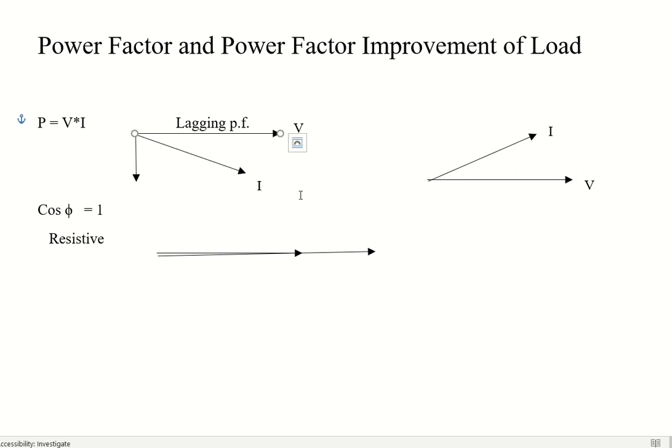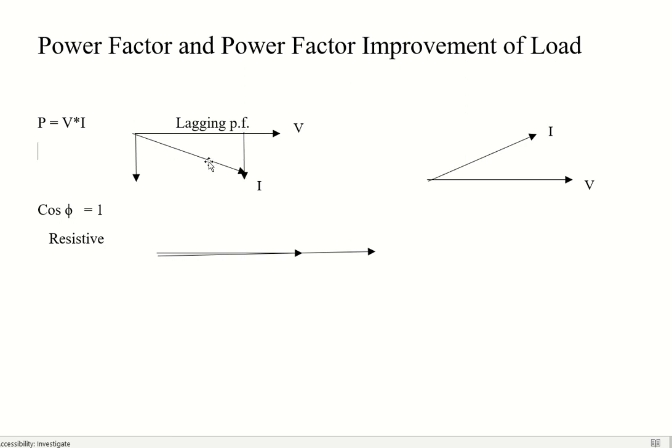Now the component which is perpendicular to V, which means this component, is called VI sin phi. If you create a copy of it and move it around, then you will know.